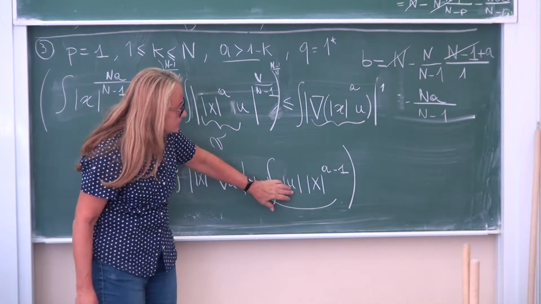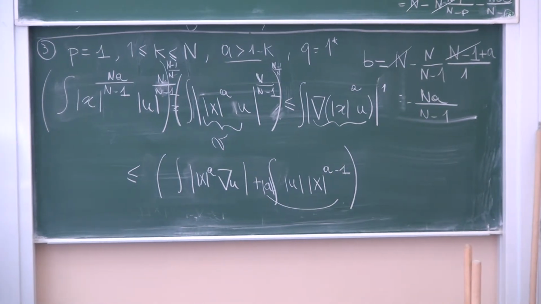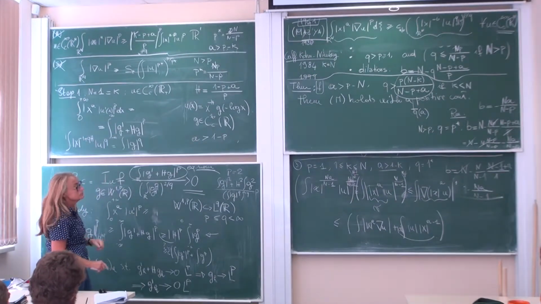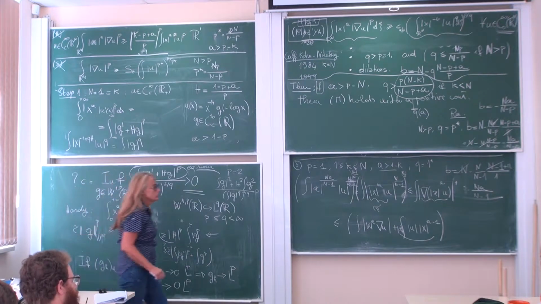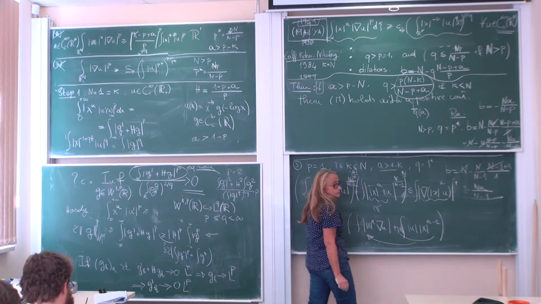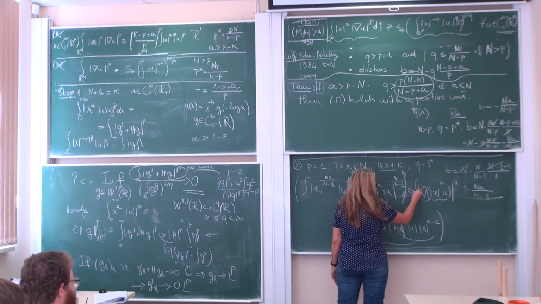This is the right-hand side in the Hardy inequality up there with p equals 1. So this is controlled by something like this. Of course, this holds up to constants.